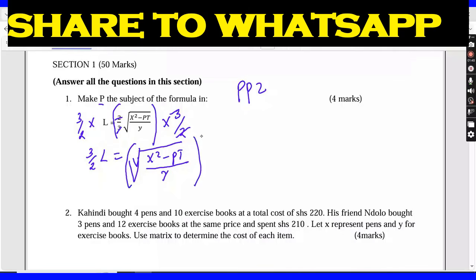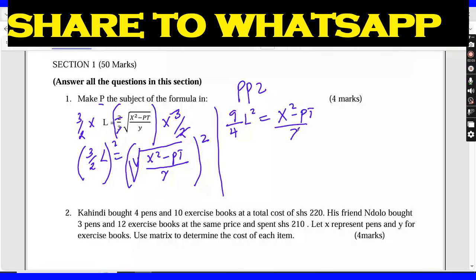We square both sides and remove the square root. So 3 squared, that is 9, over 4 L squared is equal to x squared minus pt divided by y.